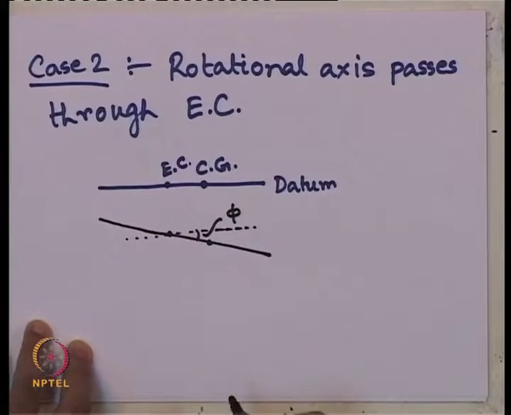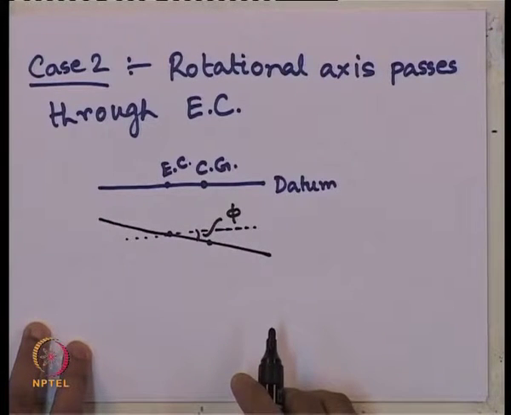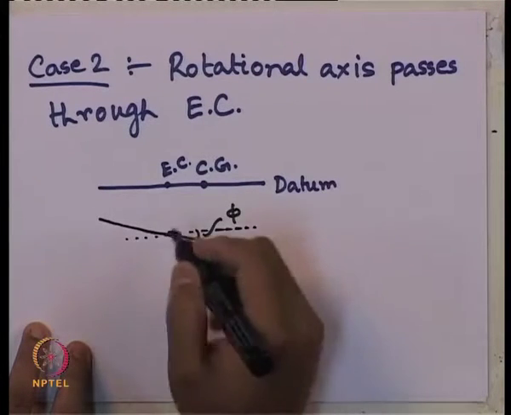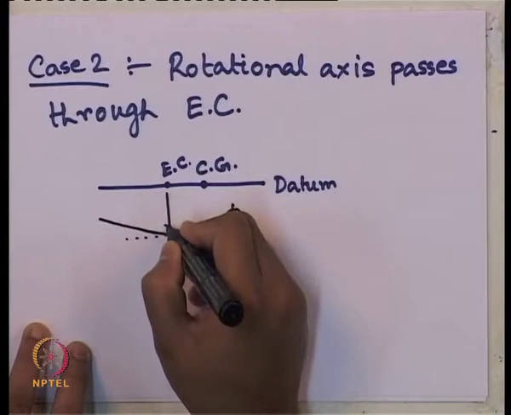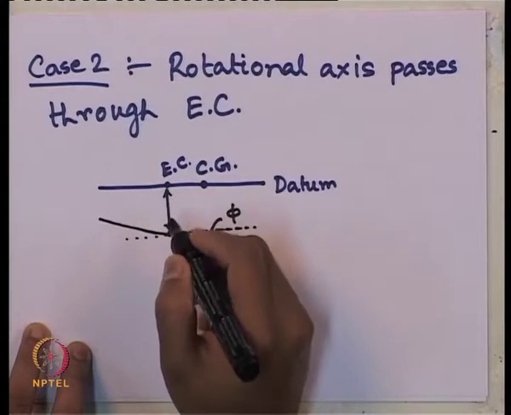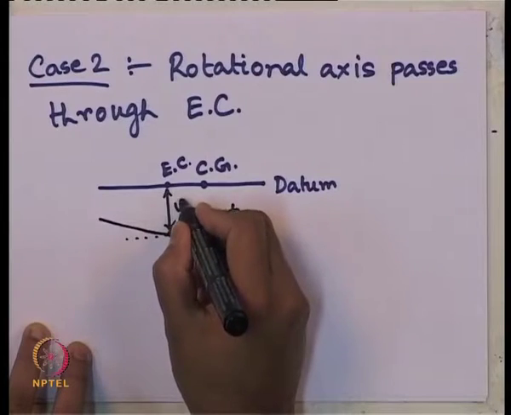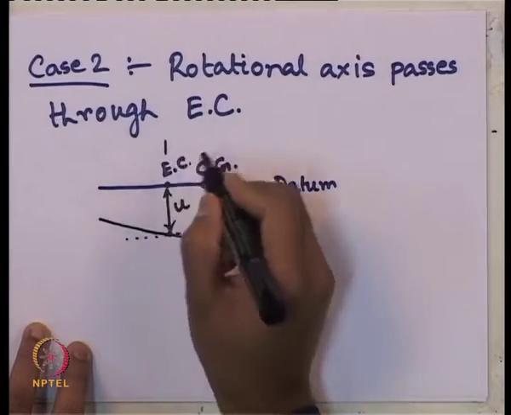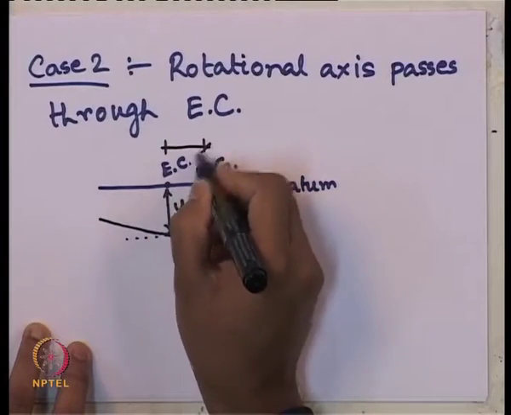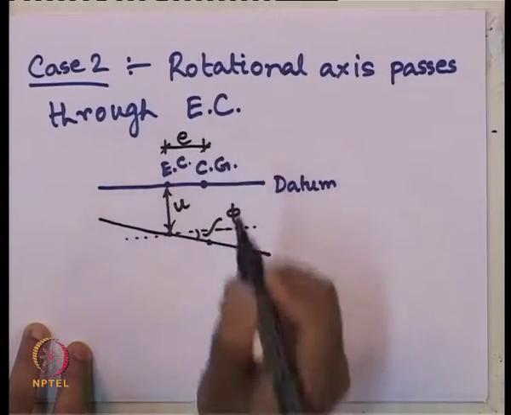What are the forces acting on the beam now? The inertia force will be, let us say, the vertical displacement, that is from here to here, is u, and the distance between the elastic center and the center of gravity, let us say, E.